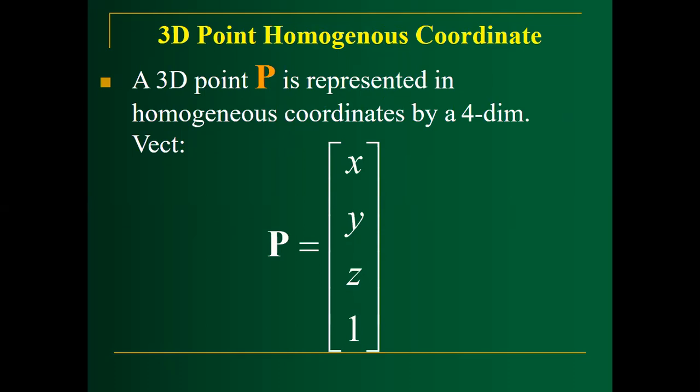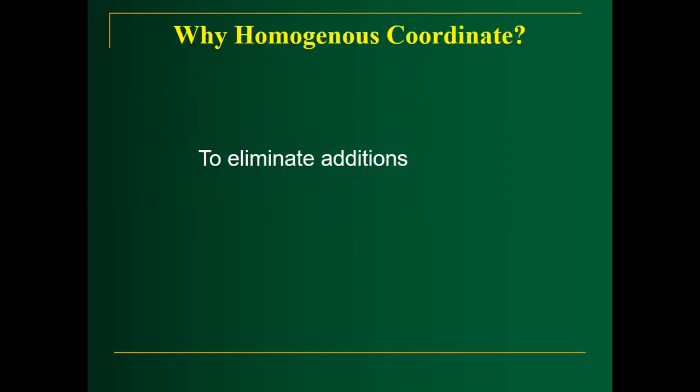Similarly, for a 3D point, if we add a homogeneous coordinate, we will get a 4 cross 4 matrix. And just to recap, if you ask me why homogeneous coordinates, the answer is to eliminate additions, and of course for combining various transformations. So let's see how exactly we can eliminate additions by using homogeneous coordinates.